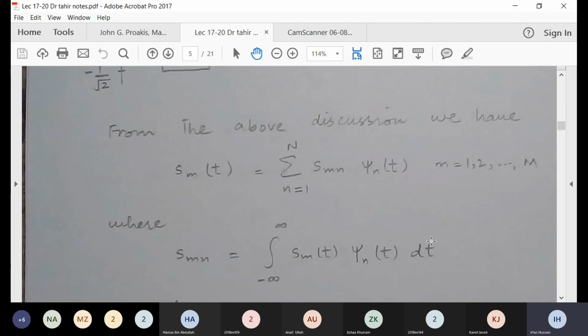Once you have defined your orthonormal basis, then you can very well see that you can write any of the 4 signals as a sum of the projections of those signals onto the orthonormal basis. So for this case, this is psi1 going from 1 to 3. So any signal S1 to S4 can be represented by projections, and we have just calculated all these projections.